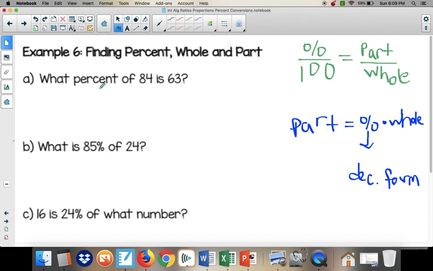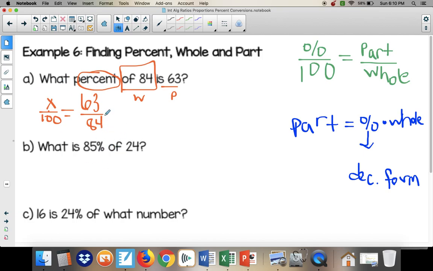So let's look at this first one. What percent? So we are trying to find a percent of 84. So of is your whole, is your part. So I'm going to put this one in the percent equation. So what percent, which is out of 100, is 63 of 84.